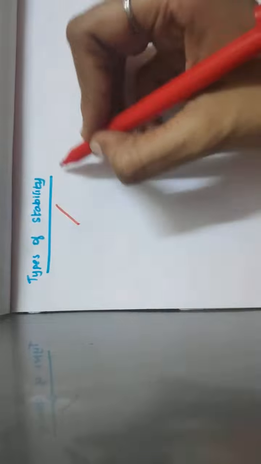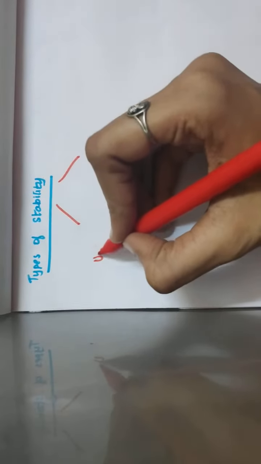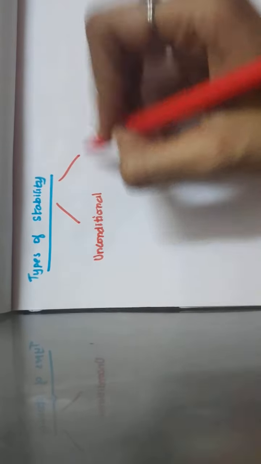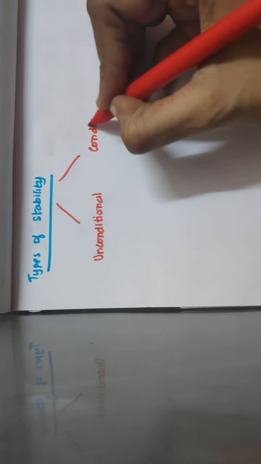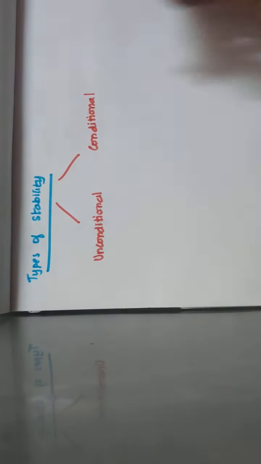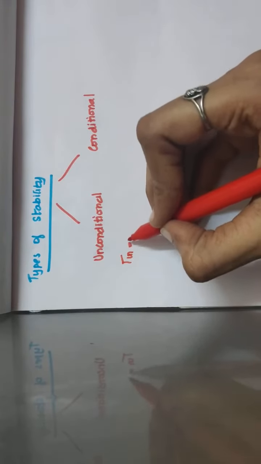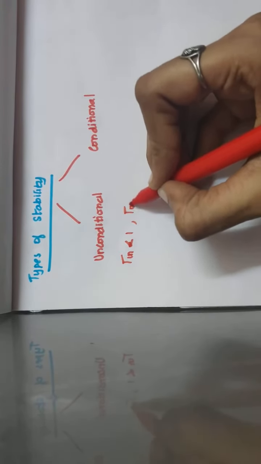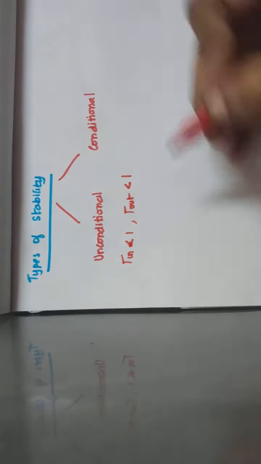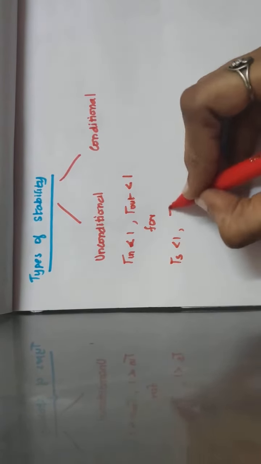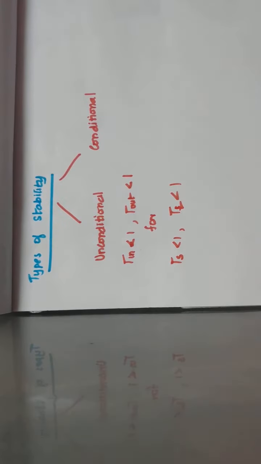Now let us start to analyze the types of stability. Stability can be categorized into two: the first is called unconditional stability, and the second is called conditional stability. An amplifier is said to be unconditionally stable when both the input reflection coefficient and the output reflection coefficient are less than 1 for all the values of source and load.